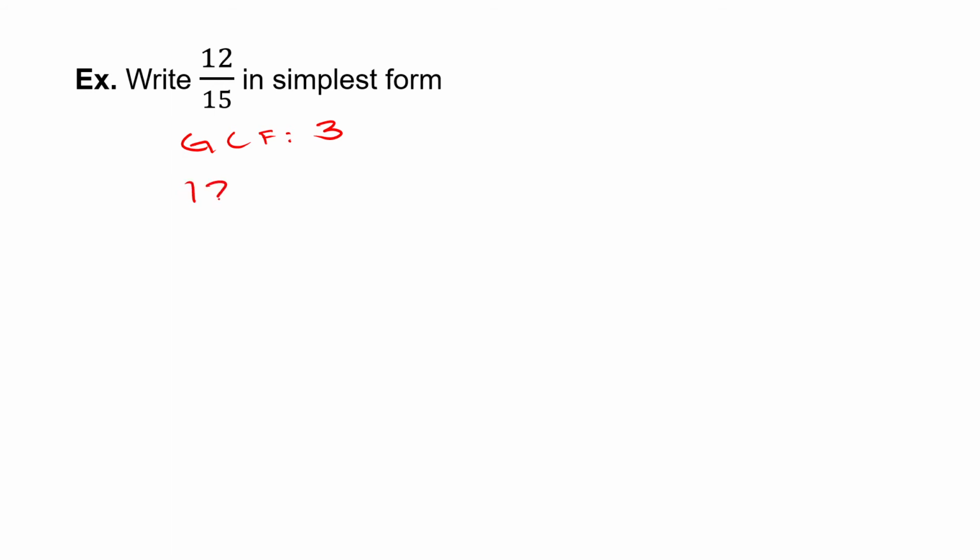Well, you're going to divide both the top number and the bottom number by 3. 12 divided by 3 should give you 4. And 15 divided by 3 should give you 5. 4 over 5 doesn't have any more common factors, so that's your final answer. Moving on, 30 and 50.